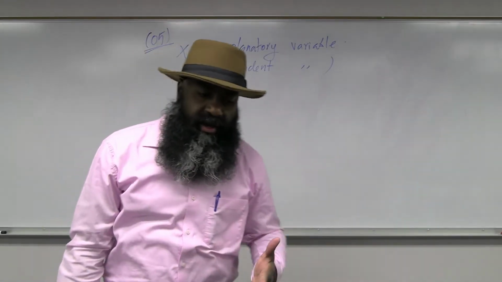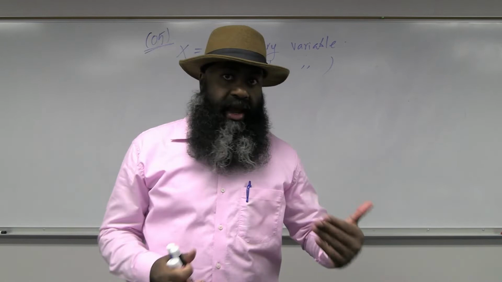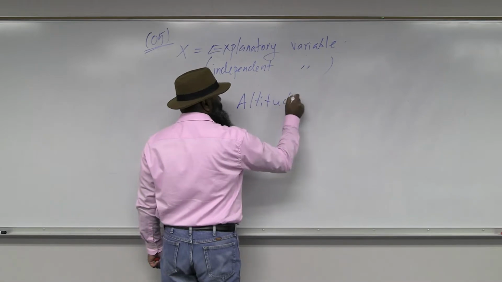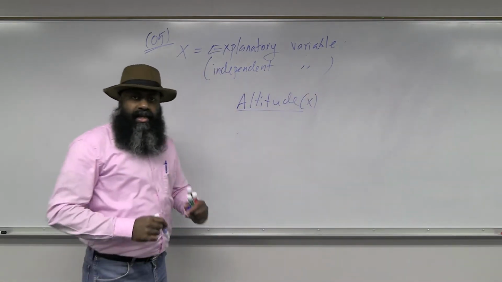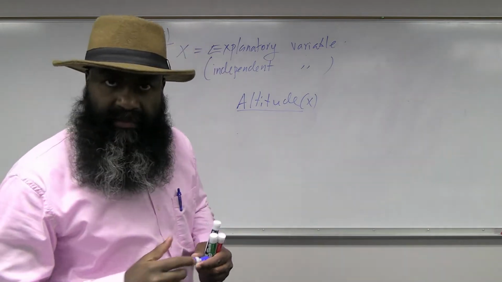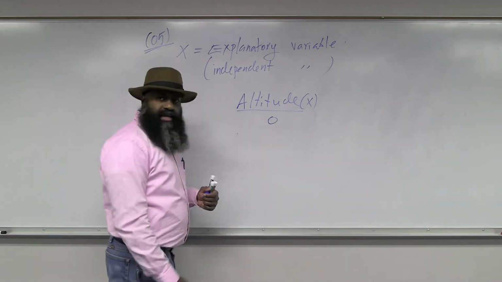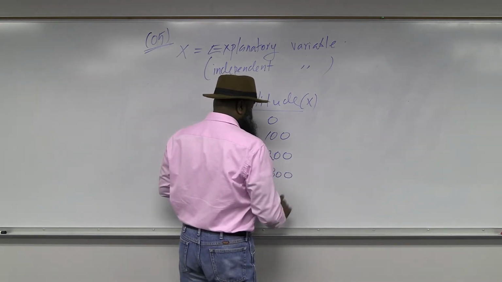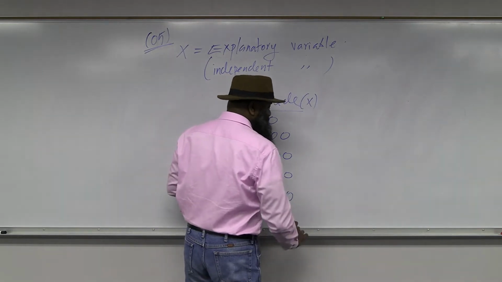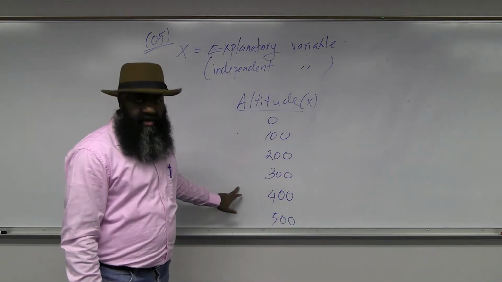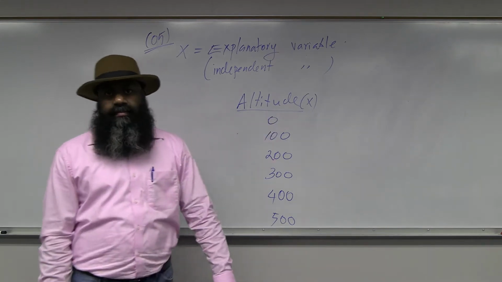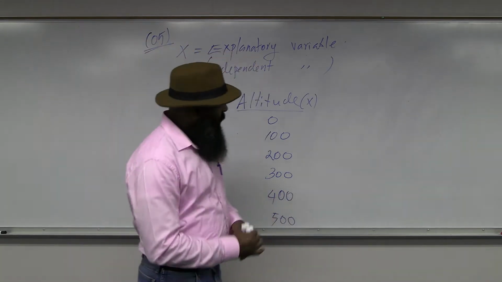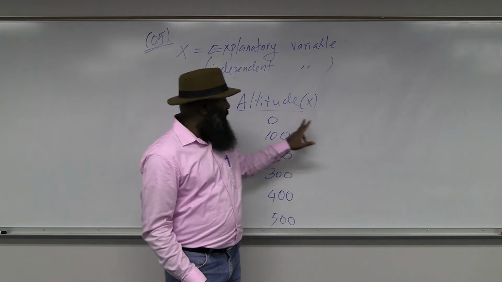For example, if I need to find a relationship between air pressure and altitude, maybe I will take altitude as x, because I can control the altitudes where I will take the air pressure readings. At 0 meters, 100 meters, 200 meters, 300 meters, 400 meters and 500 meters. Likewise, I can assign the values that I like for this variable. On the other hand, the air pressure, I can just observe at these altitudes.